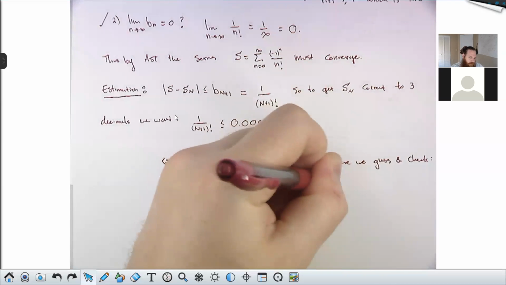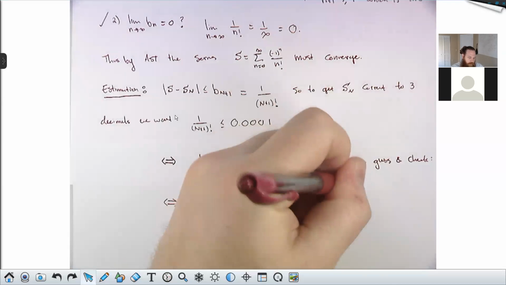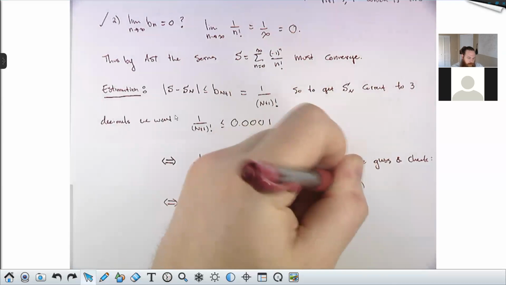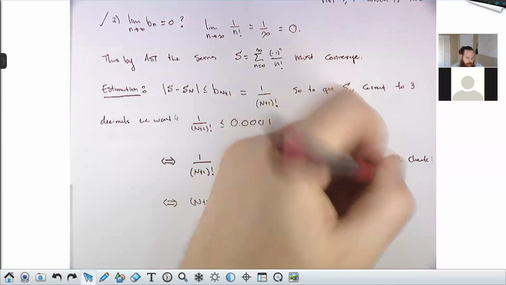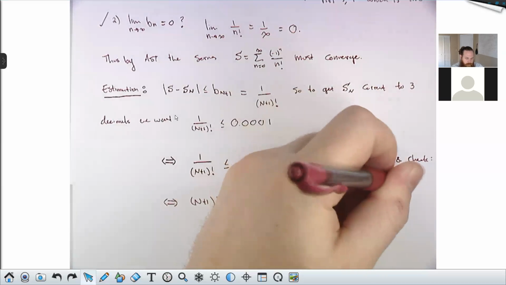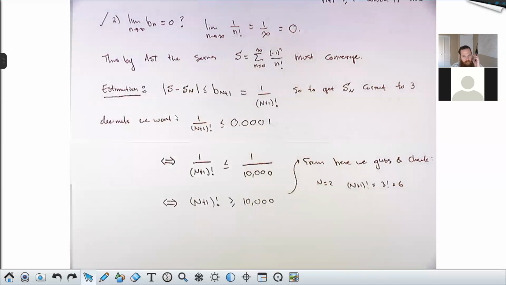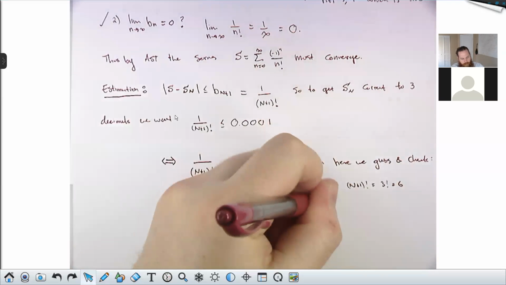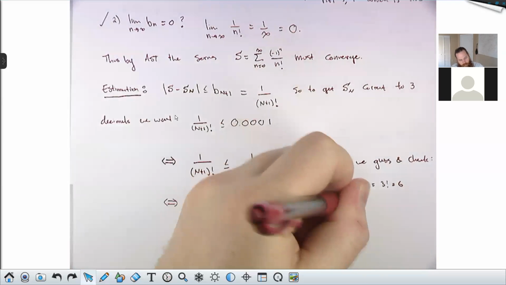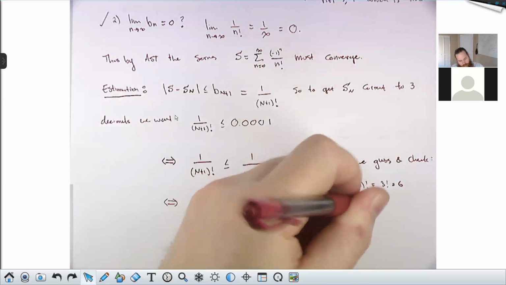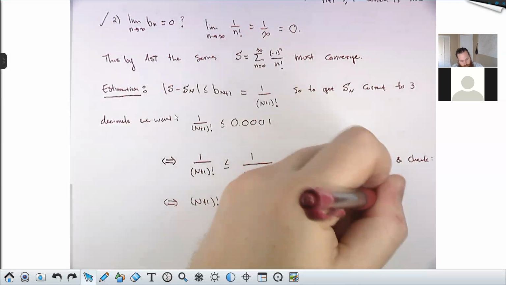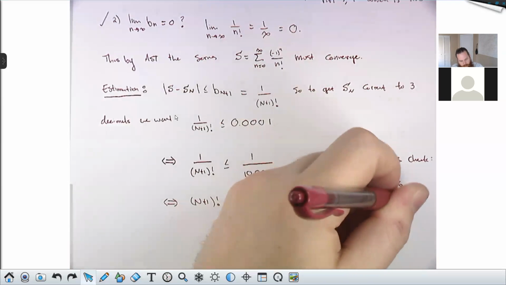If capital N is equal to 2, then N plus 1 factorial is 3 factorial, which is 6. That's not bigger than 10,000. If capital N is equal to 3, then N plus 1 factorial is 4 factorial, which is 24.